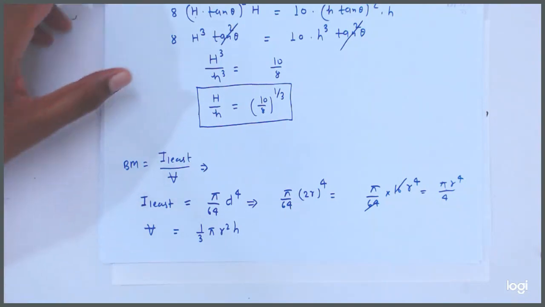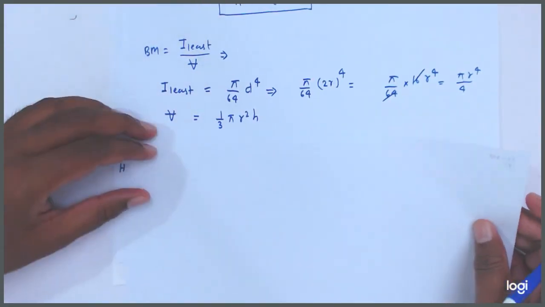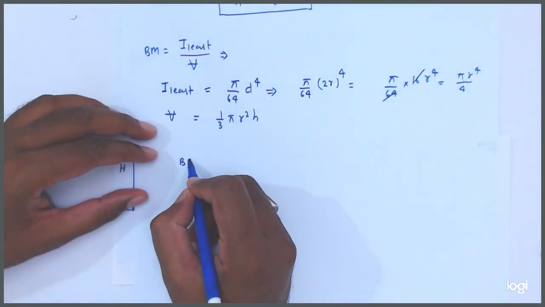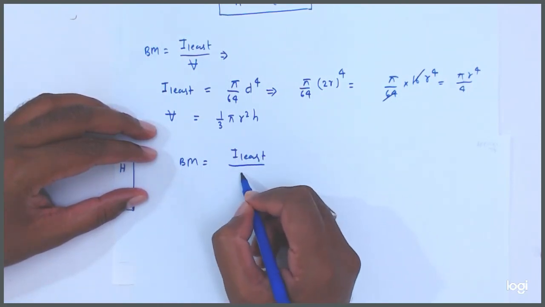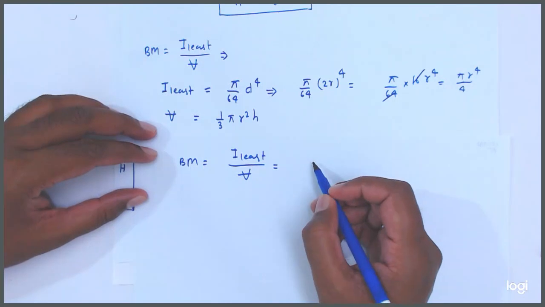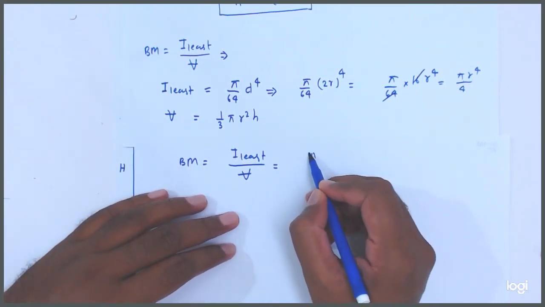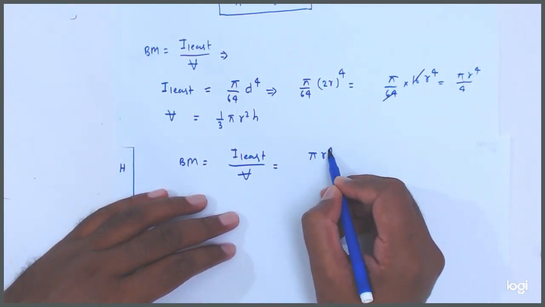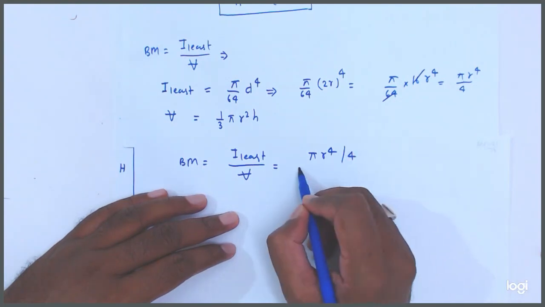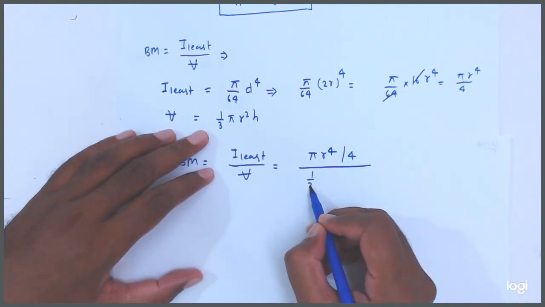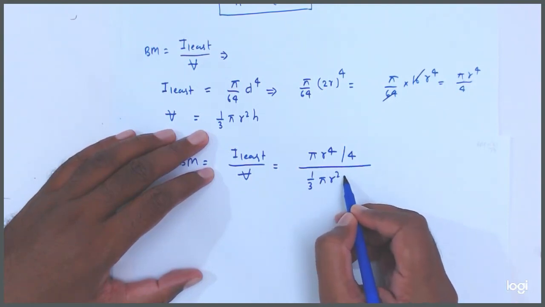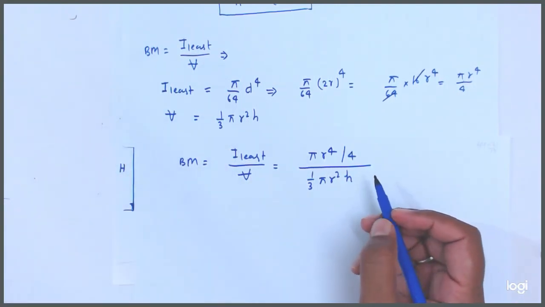Let's understand here. Now we have to find this BM, and BM is equal to I least divided by volume of liquid displaced. How much will it come, friends? Already calculated here: π r^4 divided by 4, divided by the volume of liquid displaced, which is 1/3 π r² h.